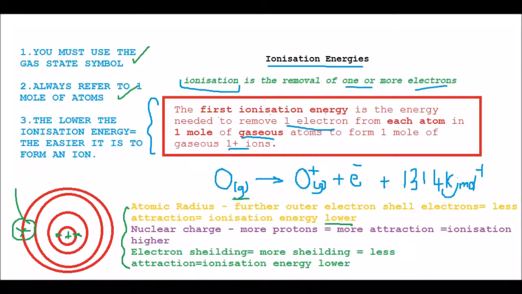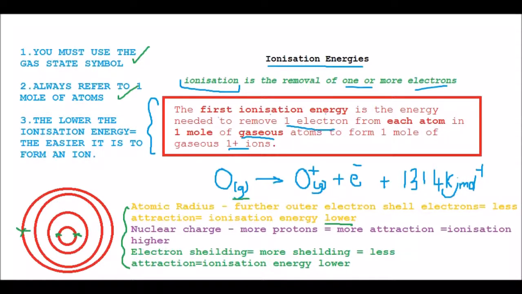The electron is negative, so they are obviously attracted to one another, but because it's further away, the atomic radius is bigger. That means that the ionisation energy will be lower because it'll be easier to pull this electron off.